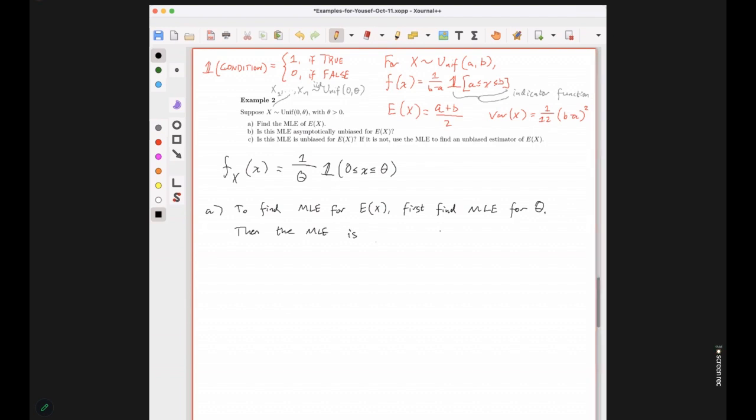How do I write mu hat in terms of theta hat?